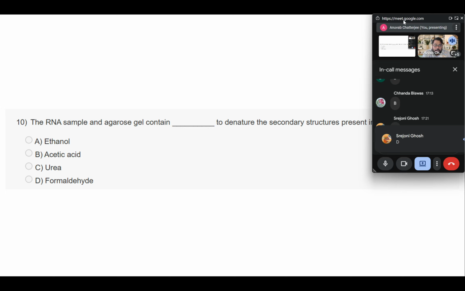Srini says it is D, formaldehyde. Anyone else? Europe also says it is D, formaldehyde.